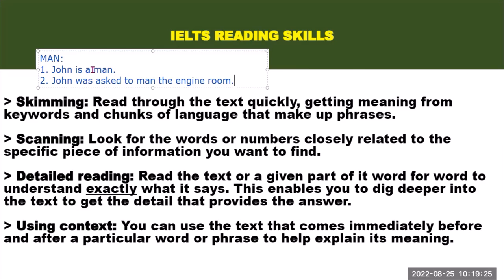And when you look at this, you see that man in the first sentence means a person or a human being. John is a man. John is a type of person, a type of human being, right?